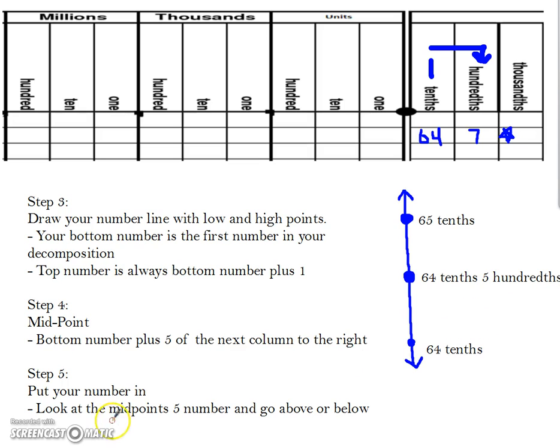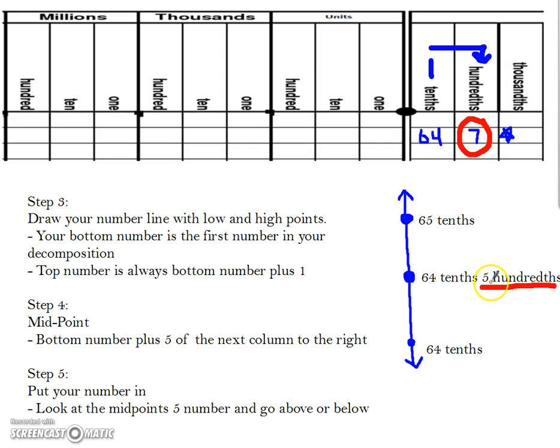So what we're looking at now, step 5, is to put your number in. And our number that we are working with is 64 tenths and 7 hundredths. You want to look at the 5, the second number in your midpoint, and compare this hundredths to the hundredths column of our number. Our number's hundredths column happens to be 7.